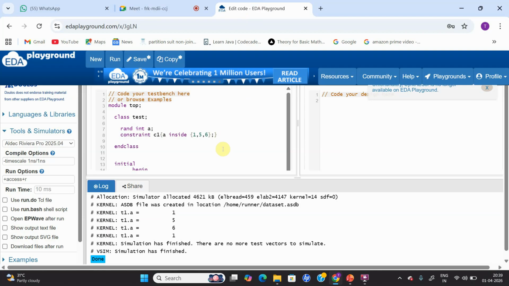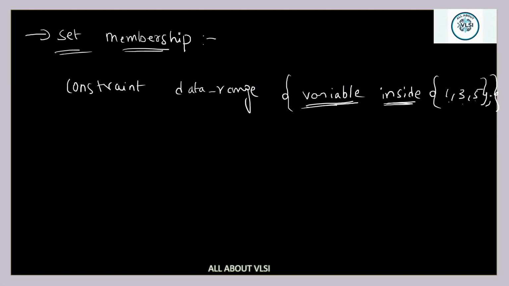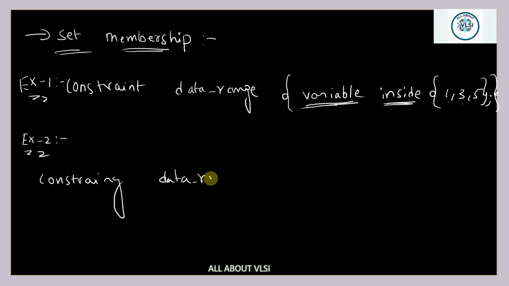And in this particular set membership, we can also give the range of values. For example, this is my example number one, which I'm going to have. And let's say if I'm going to have one more example, I can simply write down constraint, and let's say data underscore range underscore 2. I can simply write down variable inside.